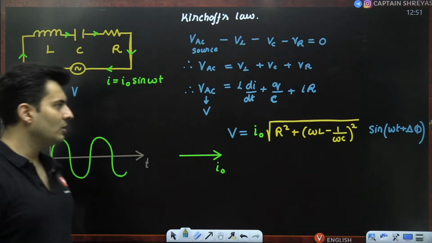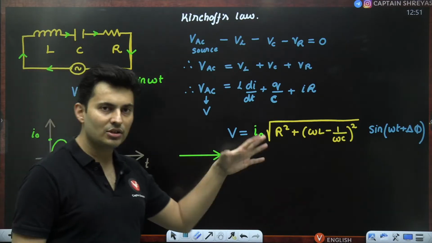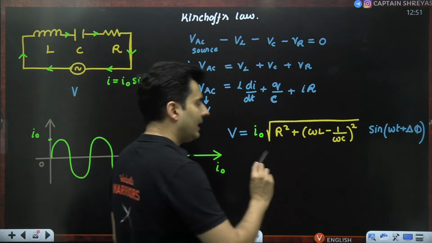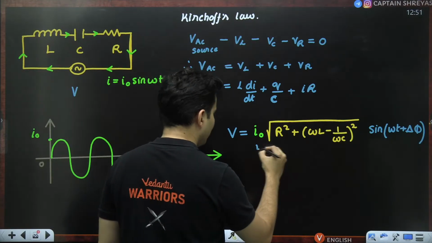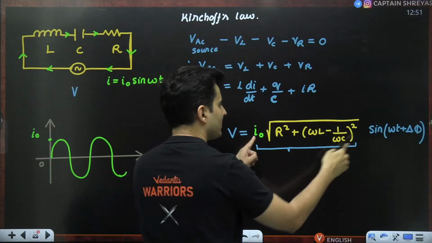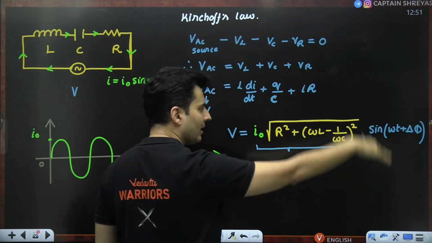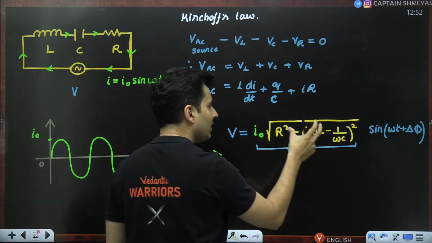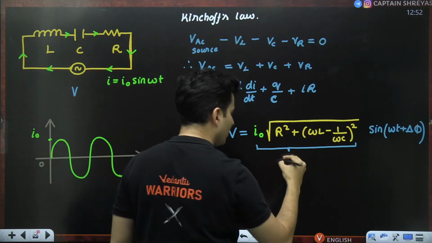This is the solution that you get, and you will be wondering, sir, it is such a scary equation, but actually it is not. I will explain everything one by one. If you concentrate on this entire term, this is a constant term. This is some sine cos function, varying up and down. Forget that. So V is equal to something sine or cos, and this something is the amplitude.